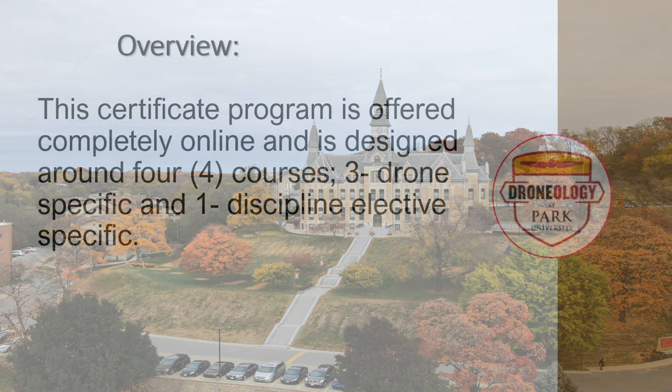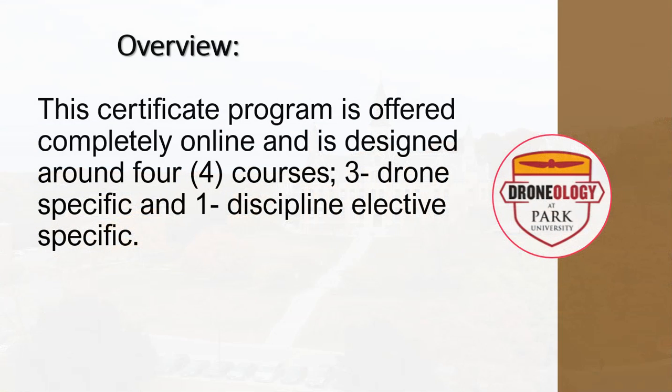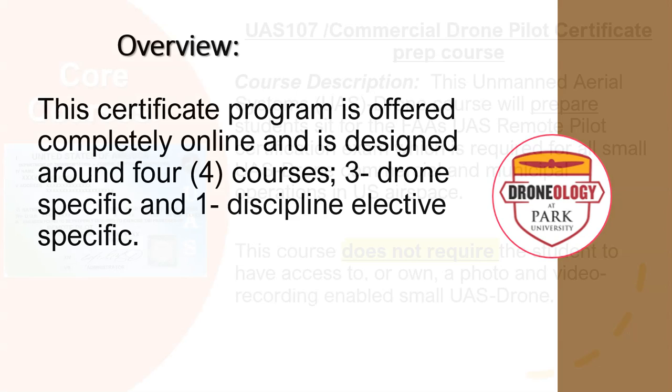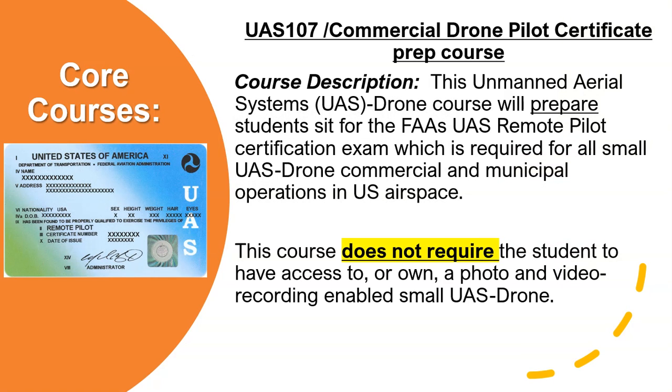The purpose of this overview is to provide you some basic but important information regarding the UAS Drone Application Certificate, as well as to include what the course requirements are as they are listed here. To begin with, you may see or hear the terms UAS and SUAS used interchangeably.